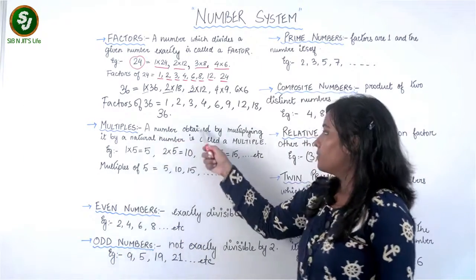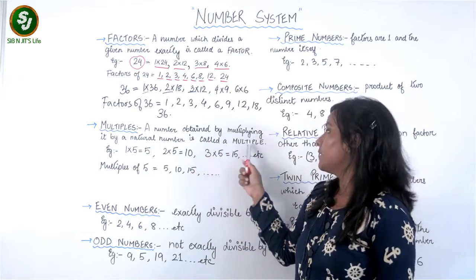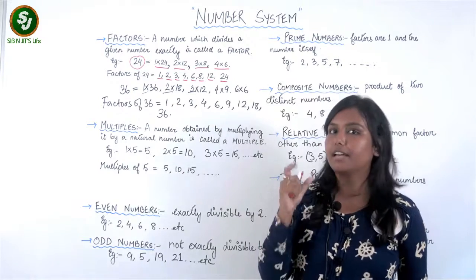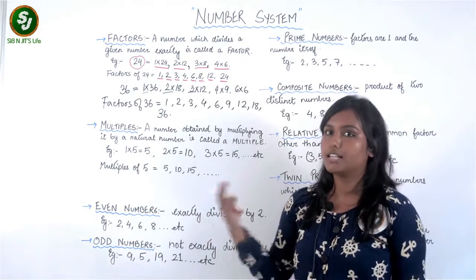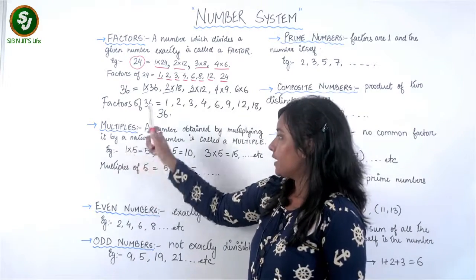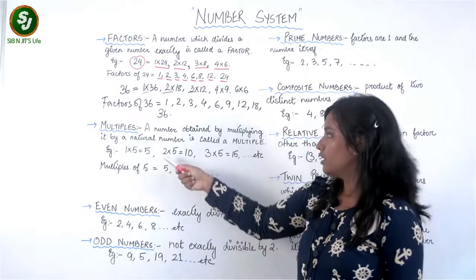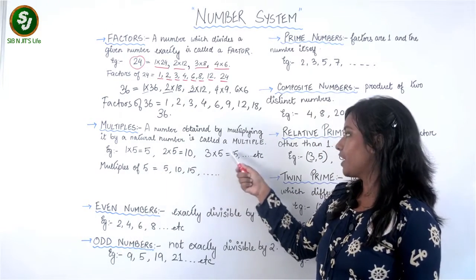A number obtained by multiplying it by a natural number is called a multiple. So whenever you multiply a number with natural numbers, the answers which you get are termed as multiples. Example, 1 into 5 is equal to 5. 2 into 5, 10. 3 into 5, 15.